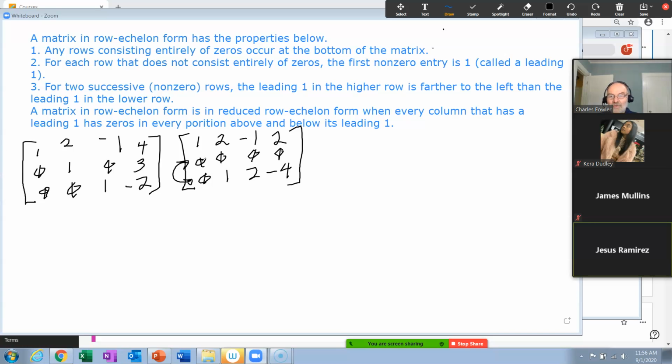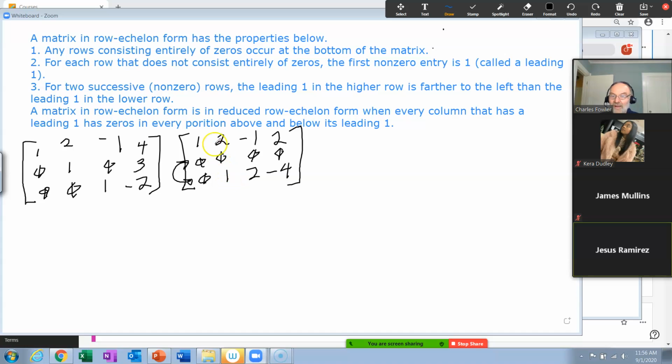If you did that, would it be in reduced row echelon form? No. Why not? Because here is a leading 1, zeros below it, that's fine.